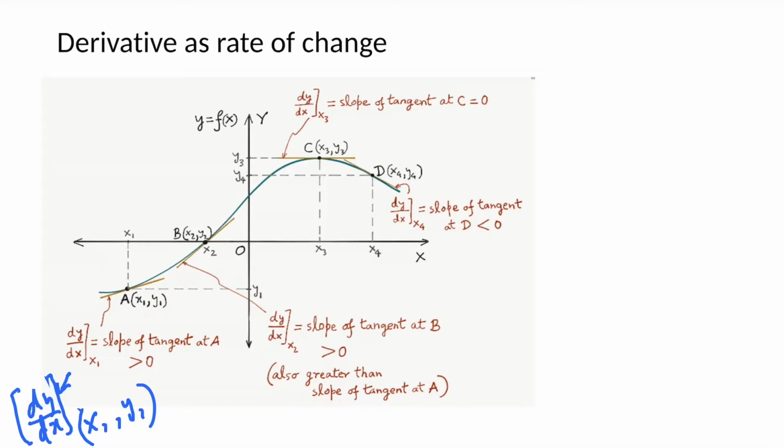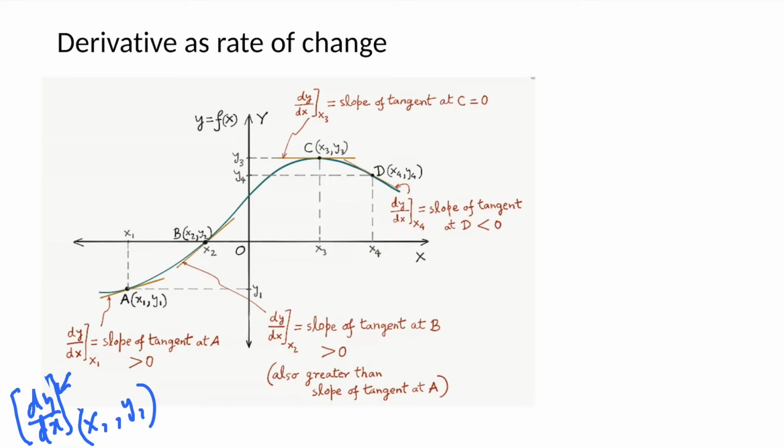Okay, now let us look at what different slopes at different points imply. We have already seen that the derivative of the function at a particular point, let us say x1, is the slope of the tangent to the curve at that particular point. Now here we see that the slope, so let's consider these points as an example, points x1, x2, x3 and x4.